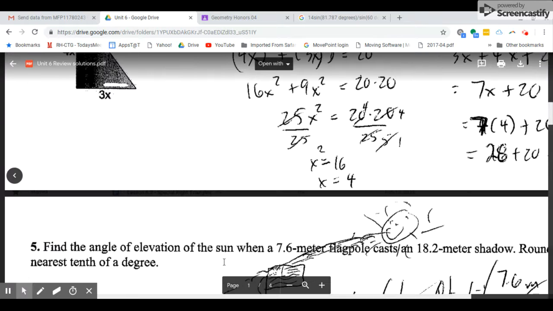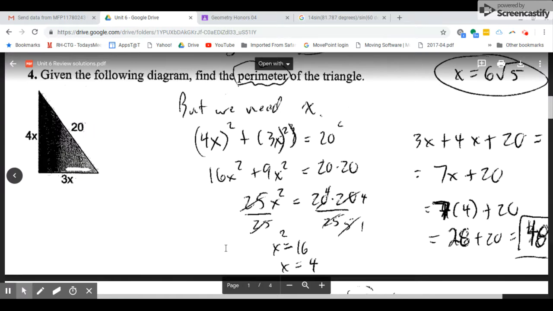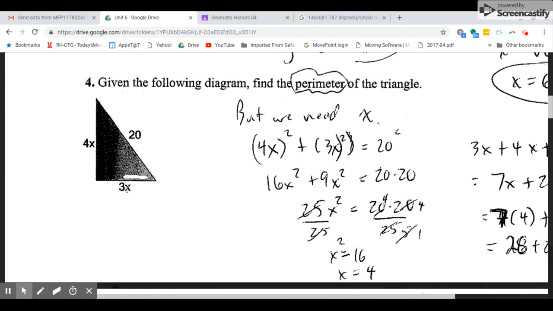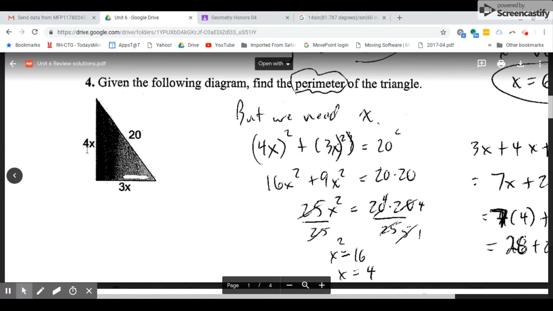I don't know if anybody asked about number 4, but it's worth talking about. I mentioned this in one of the classes, that this is actually a 3, 4, 5 right triangle, because these 2 sides are in the ratio of 3 to 4. So this side has to be 5x. An easier way to do this problem would be to say this is a 3, 4, 5 right triangle because of the ratio here.